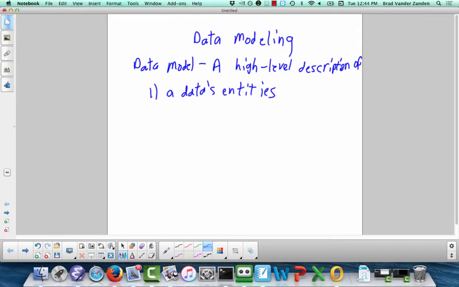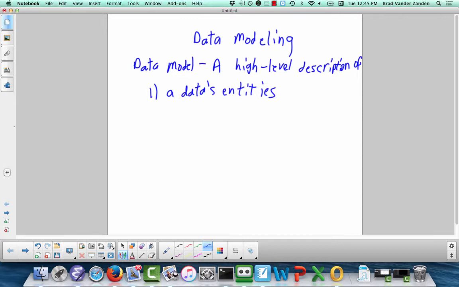Those are entities that would be associated with the University of Tennessee. If you're talking about the property management example we'll be using throughout this semester, your entities might be clients, property owners, the properties they own, the branches of your real estate offices, your staff. Those would be your entities.